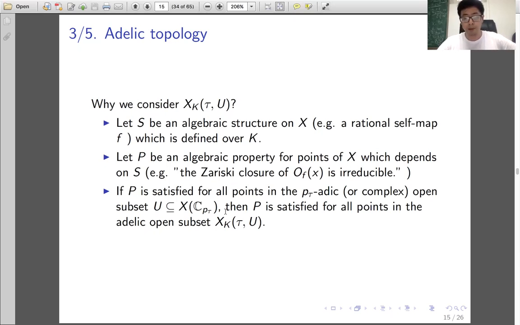This is a property that is purely algebraic.